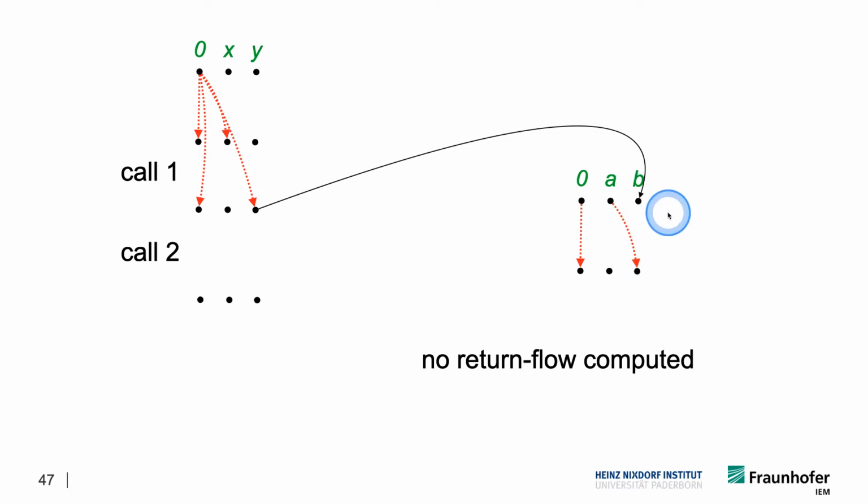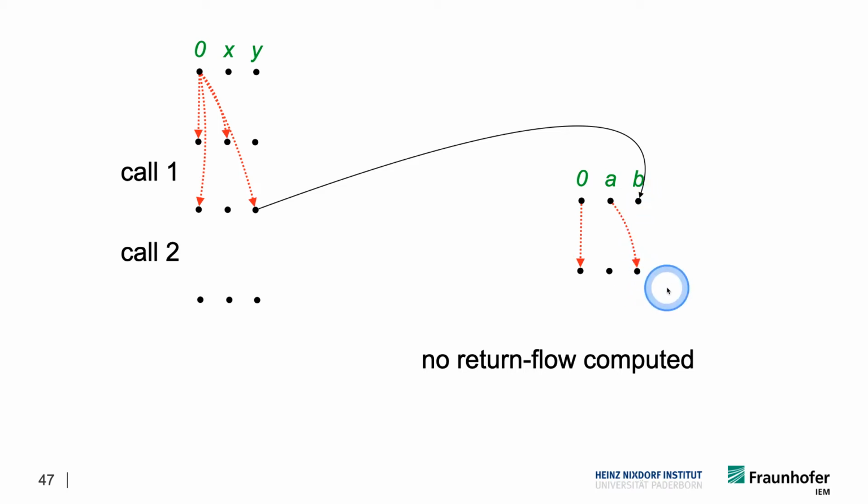By looking at the summary, we will see that we have a summary for B, right? The node B here is part of the summary, so a summary for B has been computed, but the summary is telling us that there's actually no outgoing edge of B. That means B is to be killed, okay? And no return flow therefore needs to be computed.